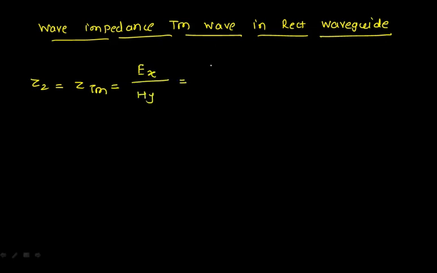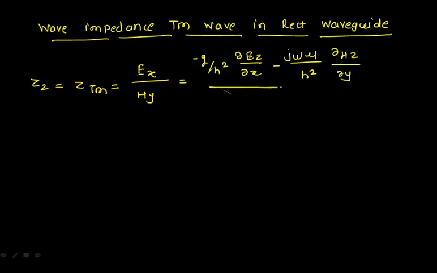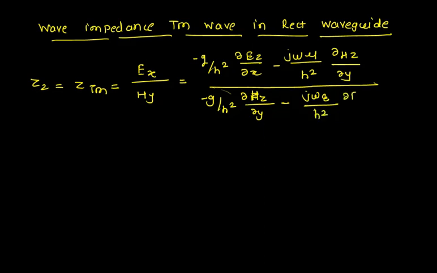We have seen how to analyze the rectangular waveguide field components. So Ex will be gamma by h square dEz/dx minus j omega mu by h square dHz/dy, and the Hy component here will be minus gamma by h square dHz/dy minus j omega epsilon by h square dEz/dx. So these are the Ex and Hy components for the TM wave in the rectangular waveguide.